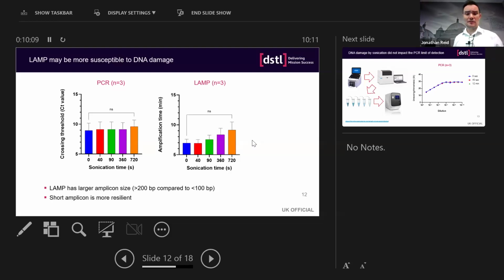So to conclude from that, LAMP seems more susceptible to DNA damage, and it's hypothesized that that is as a result of the larger amplicon size associated with LAMP. So the amplicon is the proportion of DNA that is amplified during that process. And that PCR, which typically has a smaller amplicon size, may be more resistant to that damage.